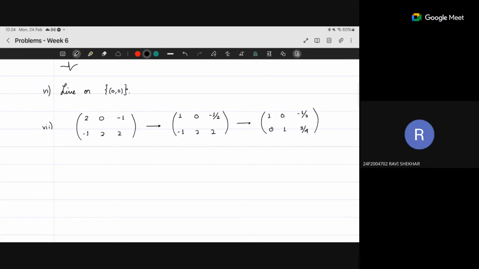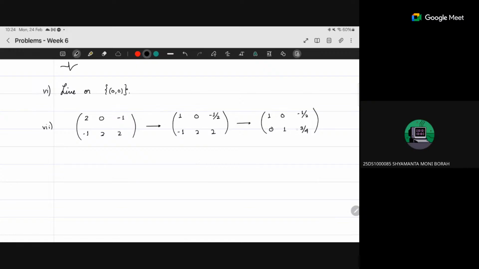The dimension of the image is the rank of the matrix, and the dimension of the kernel is the nullity of the matrix.